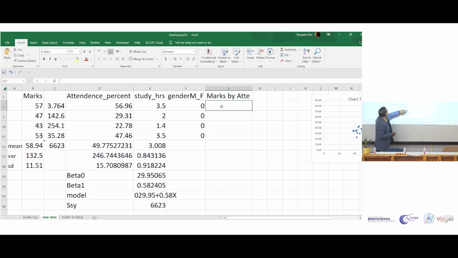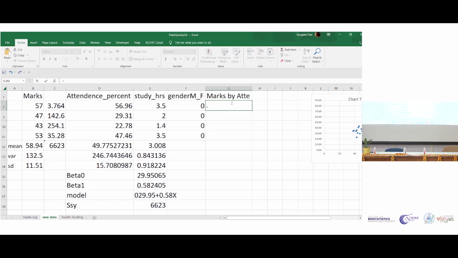If I put here 29.31, I will get a number, and this number will be marks by the effect of attendance. So we can calculate the data of marks by the effect of attendance. Okay? So let us calculate.